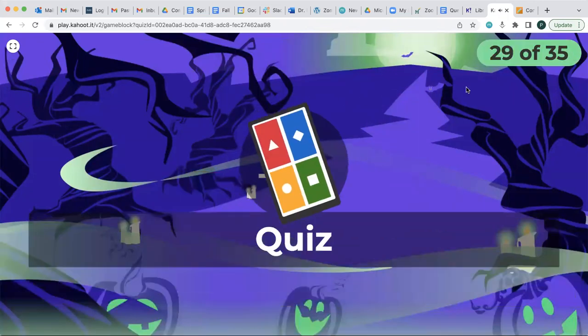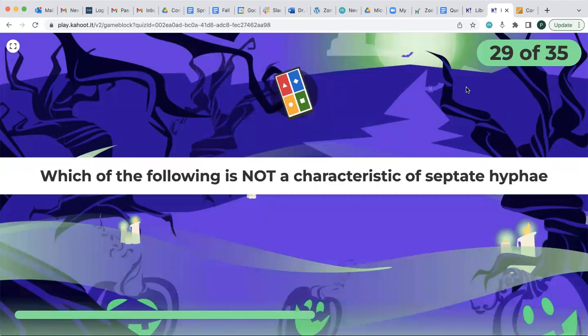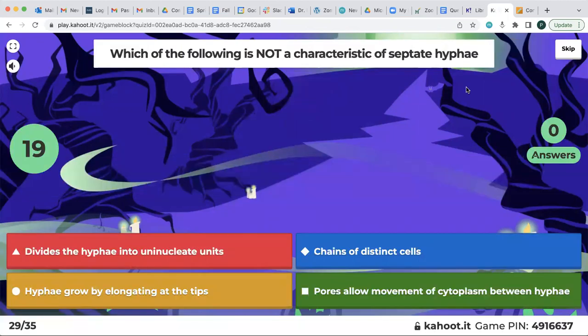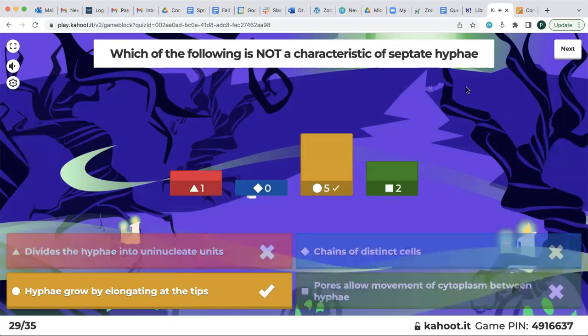All right. Which of the following is not a characteristic of septate hyphae? Hyphae grow by elongating at the tips.